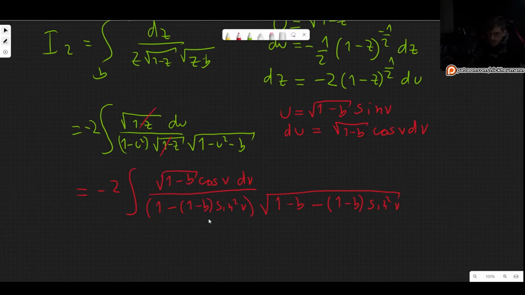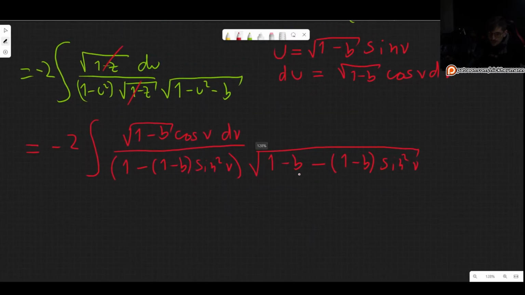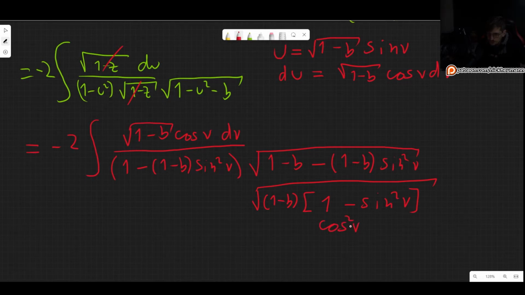Okay, now what can we do? Notice we have here 1 minus b, 1 minus b. So we can factor out 1 minus b, and we get the product of 1 minus sine squared of v. And that is precisely why we used this substitution, because we wanted to create this very thing. And 1 minus sine squared, well, this is cosine squared of v.